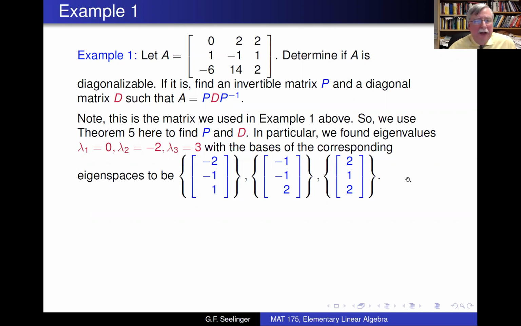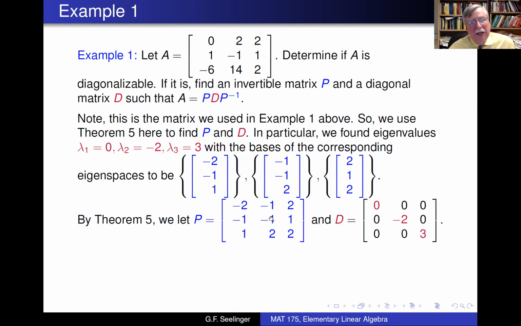So according to theorem 5, all we need to do is let P be the matrix whose columns consist of these 3 vectors, and let D be the diagonal matrix that corresponds to these eigenvalues. Notice that 0 is the eigenvalue corresponding to the first column, -2 to the second column, and 3 to the third column.